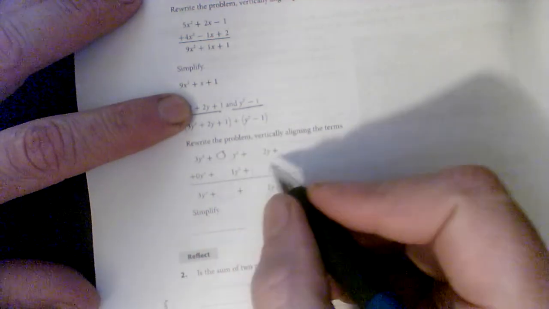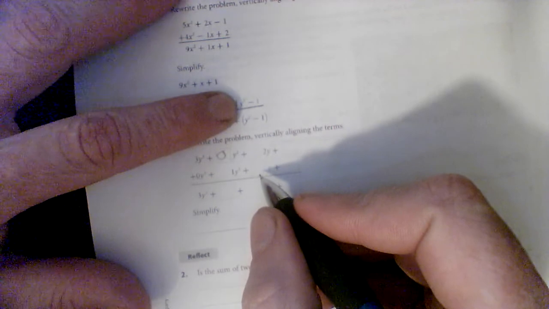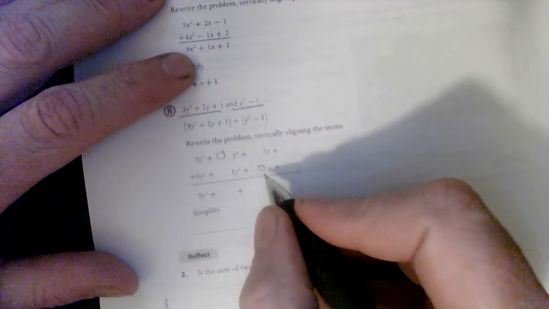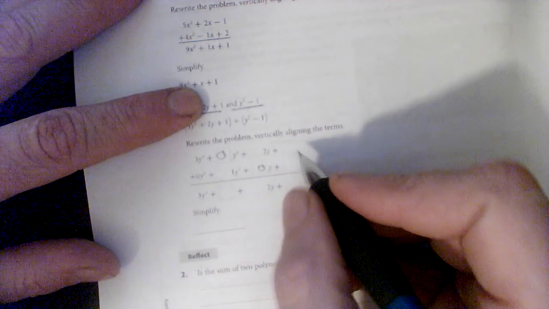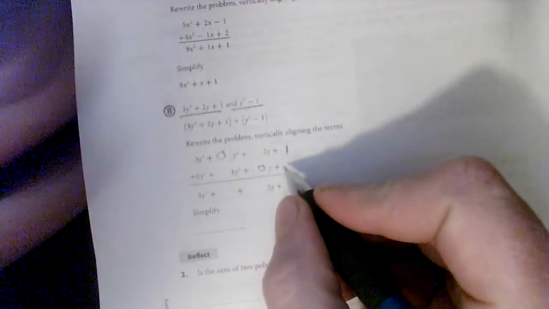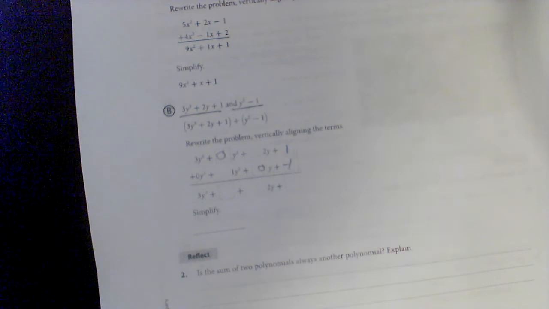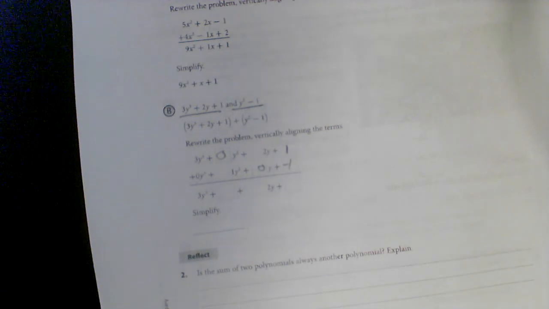Right? This one has a 2y, and this one over here that we're adding to it has 0y. And it looks like this one right here has a 1, and the one below it has a -1.